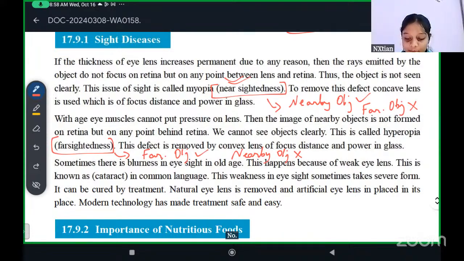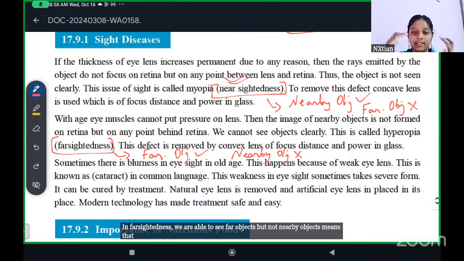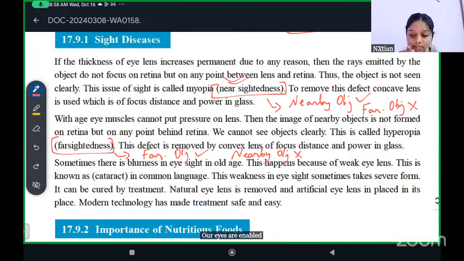Now, this is called hyperopia. That's farsightedness. It is corrected by a convex lens of the right focal distance and power in the glass. In farsightedness, we are able to see far objects but not nearby objects, which means our eyes are unable to focus on a nearby object. To improve that, we are given a convex lens.